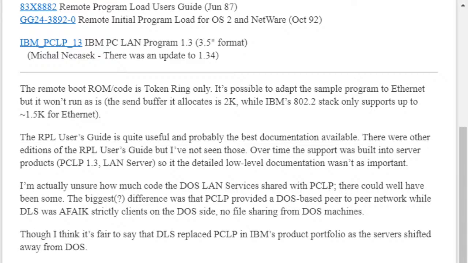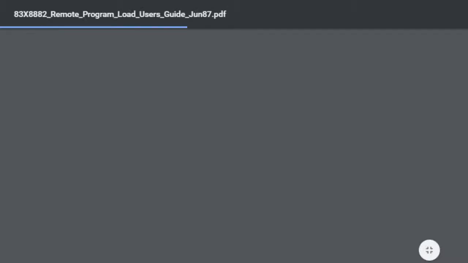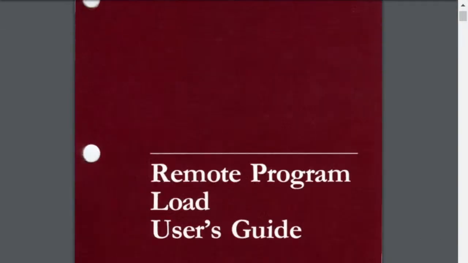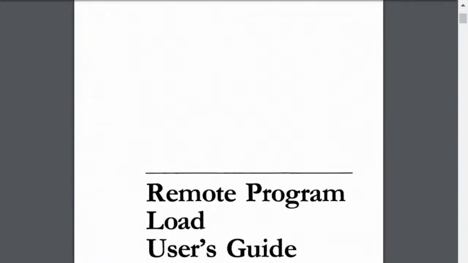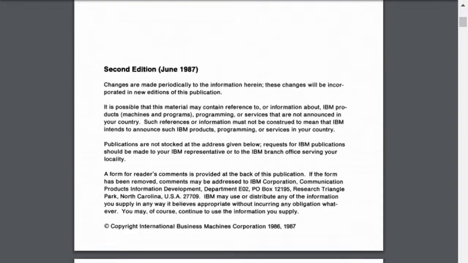And what I was doing is I was going through and looking at this, the second edition.